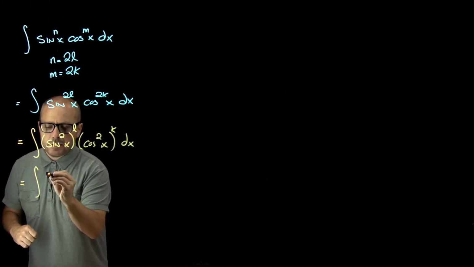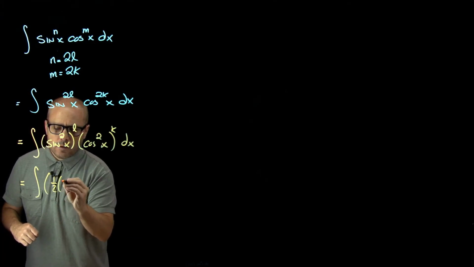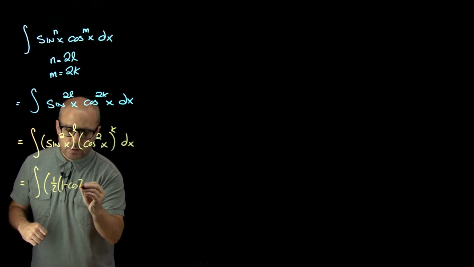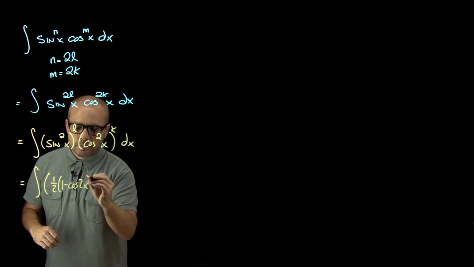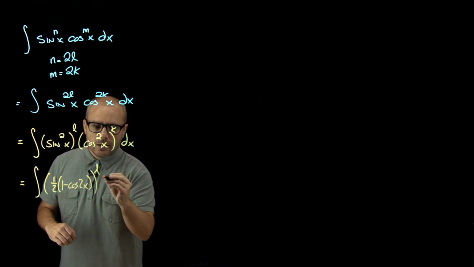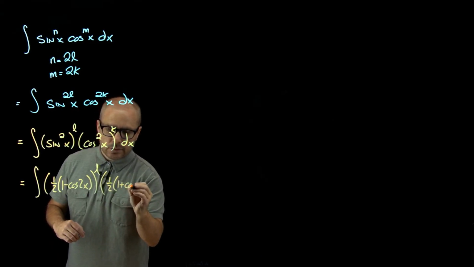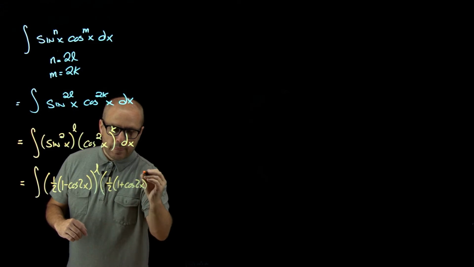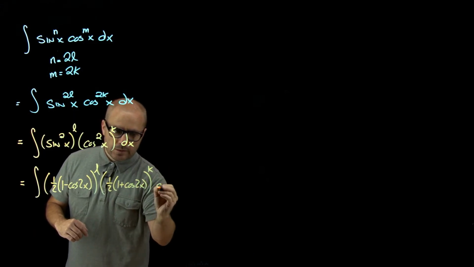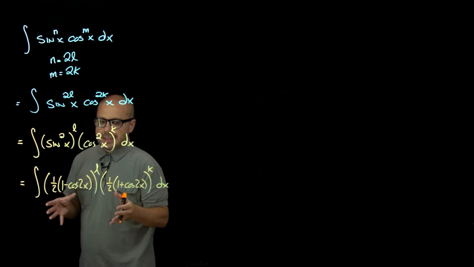Sine squared is 1/2 (1 minus cosine 2x), and cosine squared is 1/2 (1 plus cosine 2x). So you'd be left with something like that.